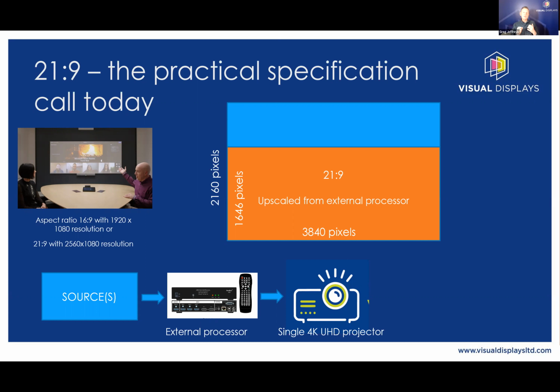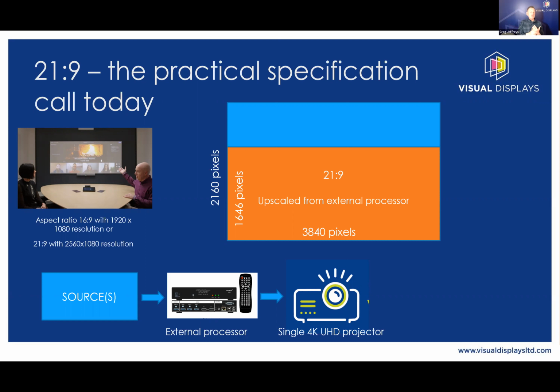But the way of delivering this is to either have a screen cut to 21:9, or to take what we call the digital canvas approach and go for a much larger screen size. Because remember, what's going to happen in these spaces is they're going to have multiple modes of use, multiple workflows, different screen layouts.